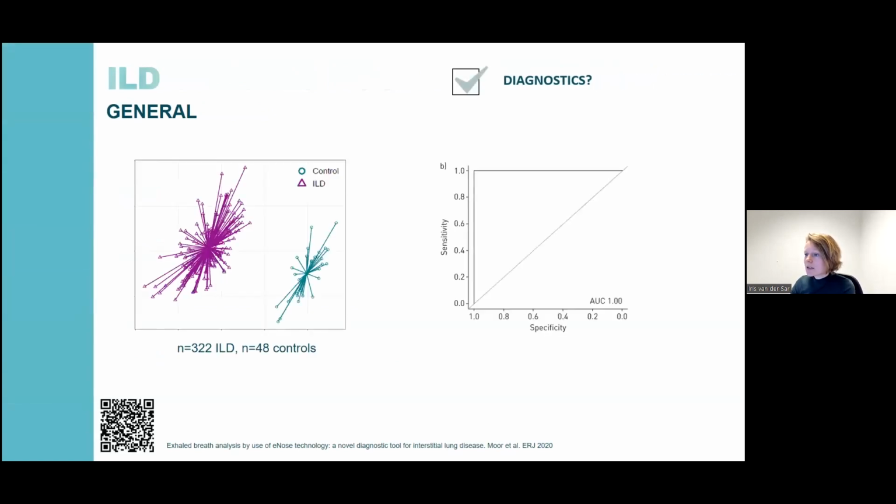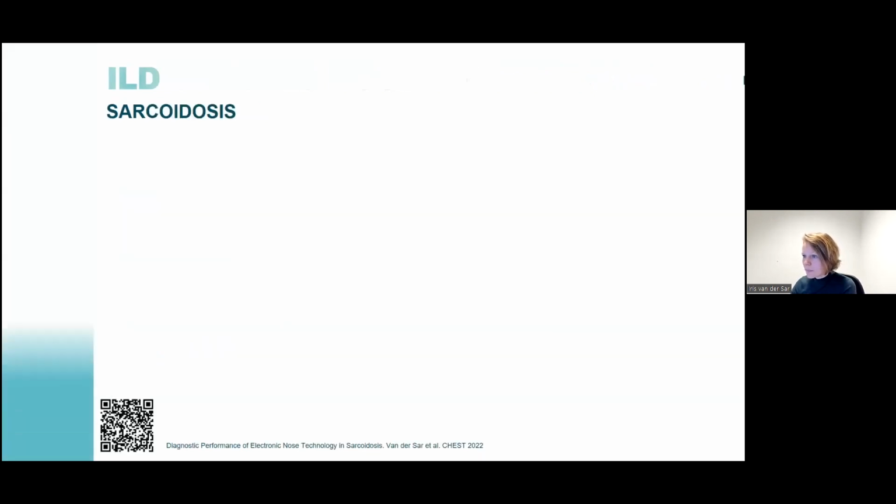So first, the diagnostics. When we started using this device for research and wanted to know whether ILD could be detected by an eNose, we asked a cohort of ILD patients and healthy controls to blow into the nose, and we found very great results, and that was actually the basis of our research line here.